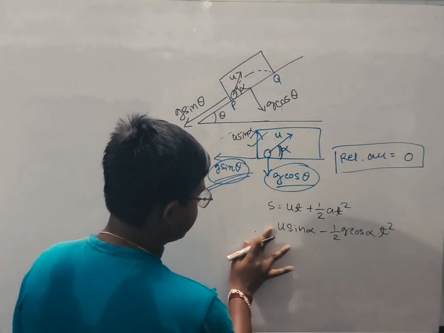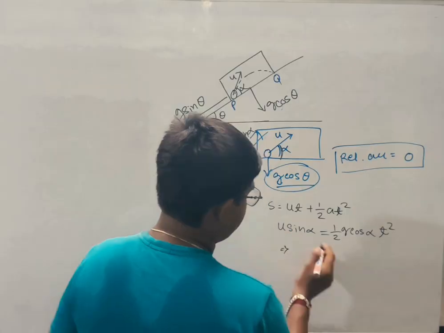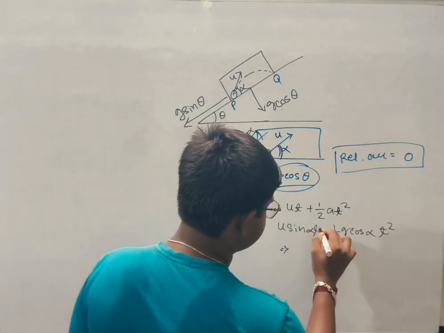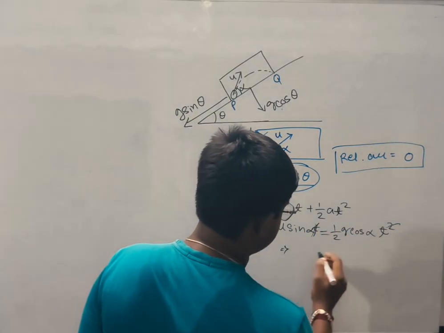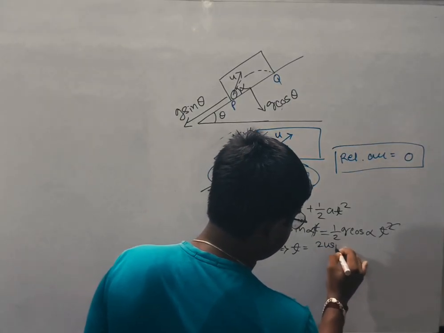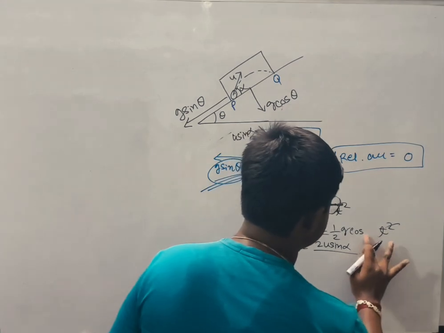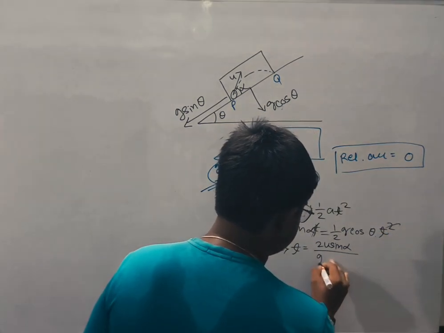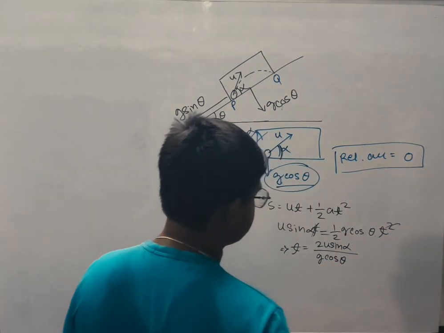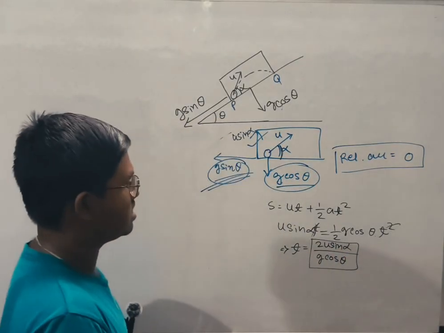If we solve that, we get the time t equal to 2u sin alpha by g cos theta. Here is the time period we have found.